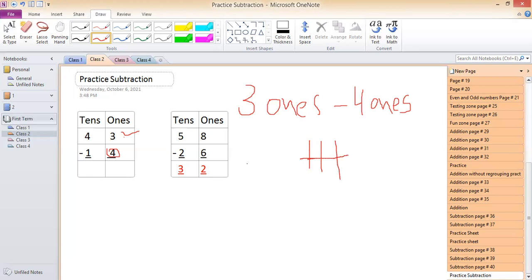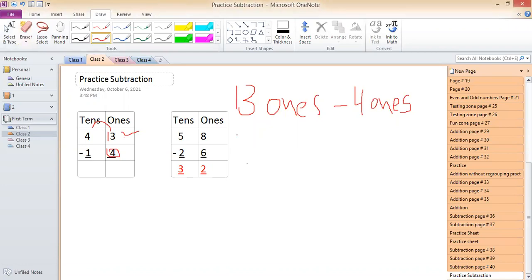Now, because you cannot cut 4 lines from 3, what will you do? You will take 1 from the tens. So this is 4. When it gives 1 ten to the ones, it becomes 13. Now, can you subtract 4 from 13? Yes, 13 is bigger than 4.